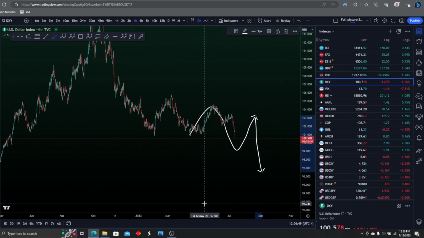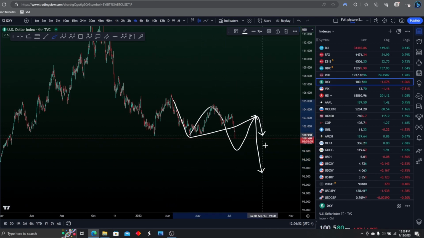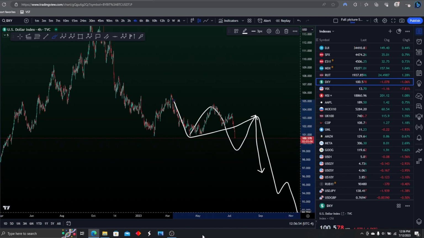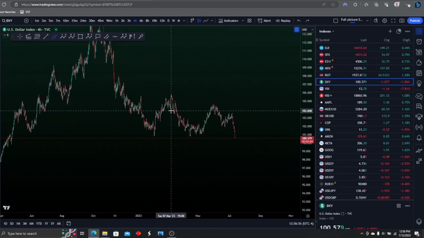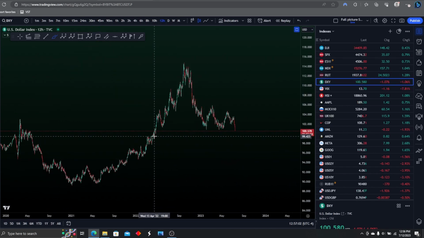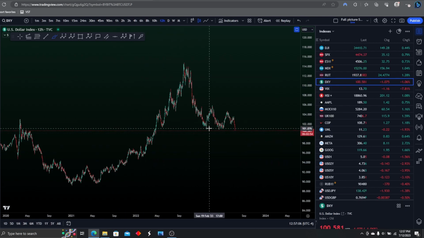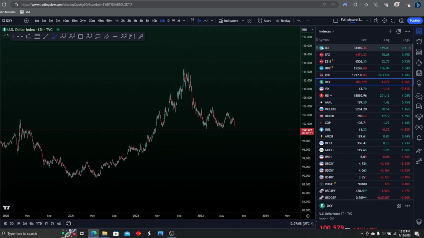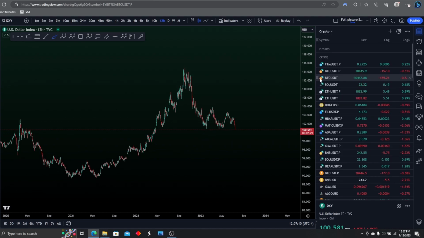And then we're down. So this could be a 1, 2, 3, 4, 5. All right? These are things that can happen. I like the way it's looking right now, though, for some more upside on Bitcoin. For now. But I'll keep you posted as things change and things evolve.